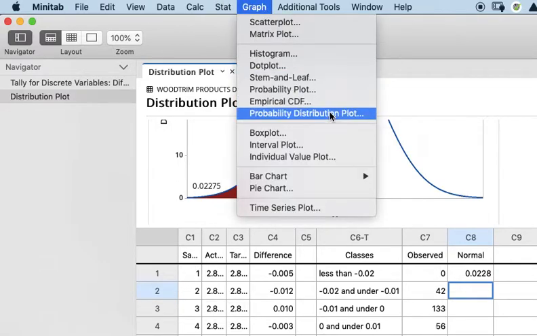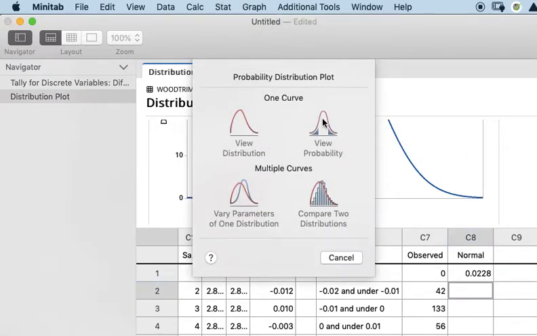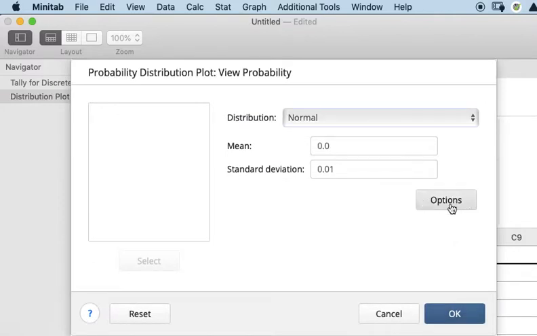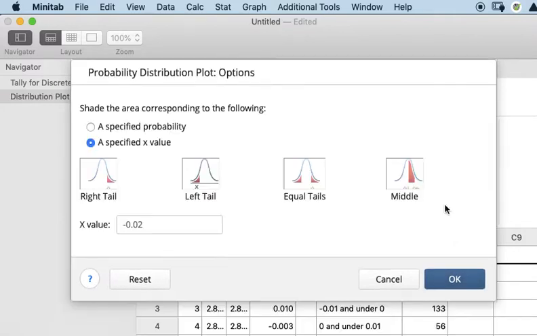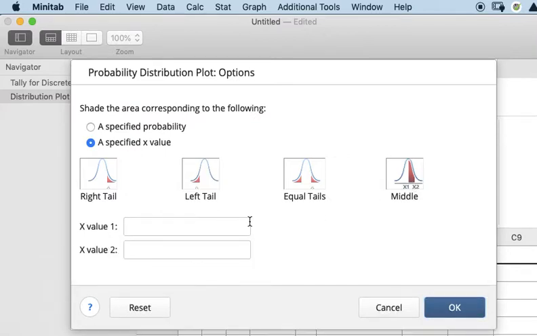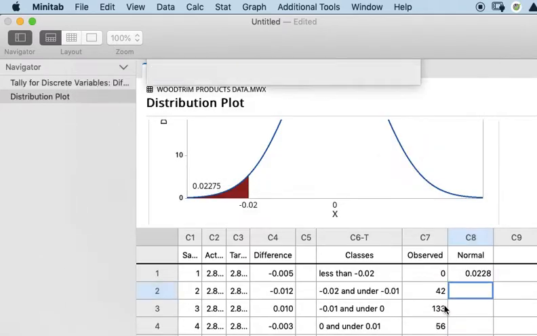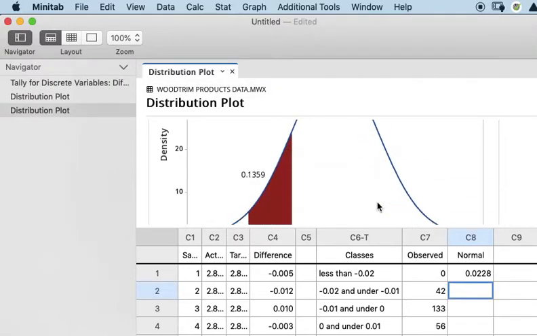So I'm going to go to Graph, Probability Distribution Plot, View Probability, mean and standard deviation should still be there. Now I'm going to do middle for the ones that are between two numbers. So this one is between negative 0.02 and negative 0.01. Click OK. And the probability there is 0.1359.